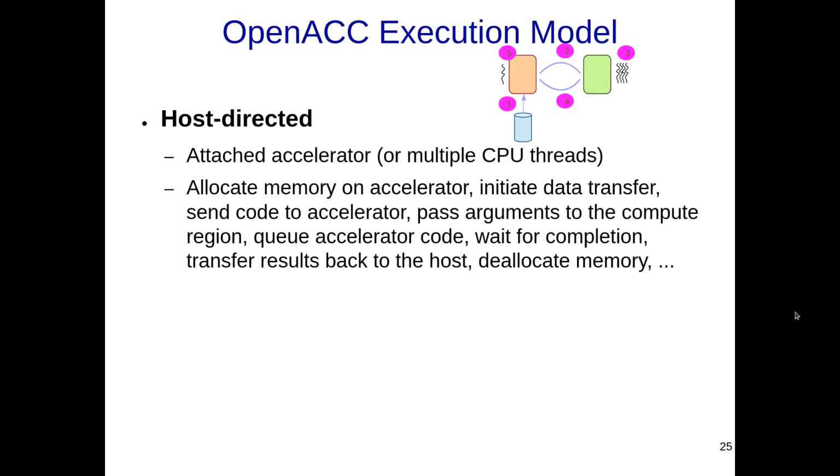Then queuing of the accelerator code, which means that whenever I am trying to invoke a certain function or a kernel on the GPU, this particular code gets queued up into some sort of FIFO buffer, and at some point in time, the driver associated with the device pulls up or dequeues these items.